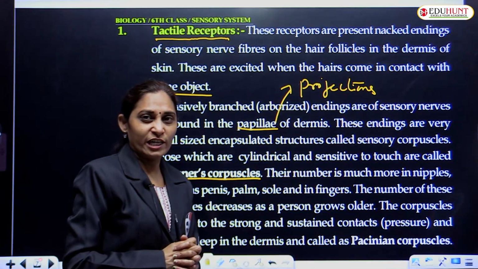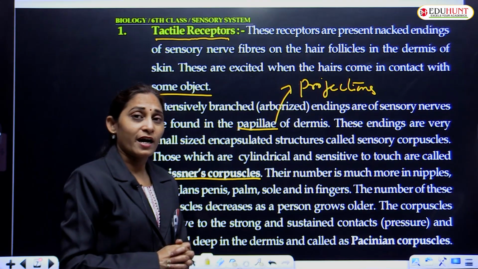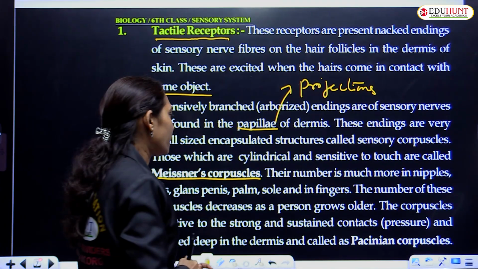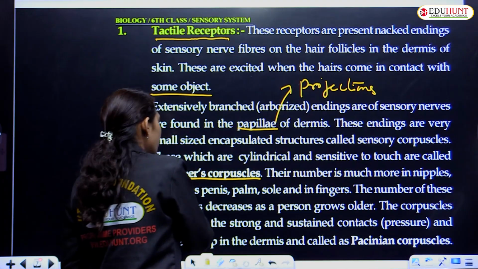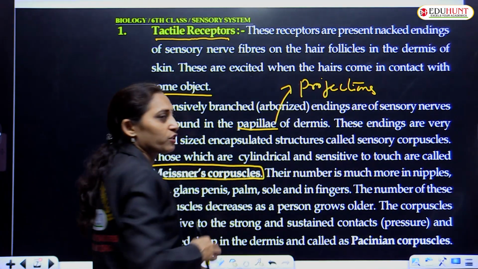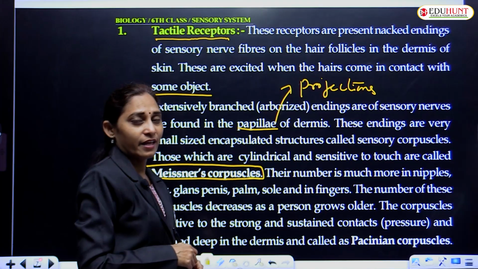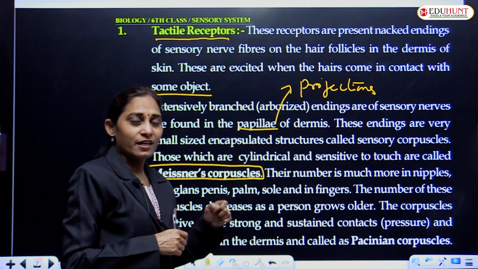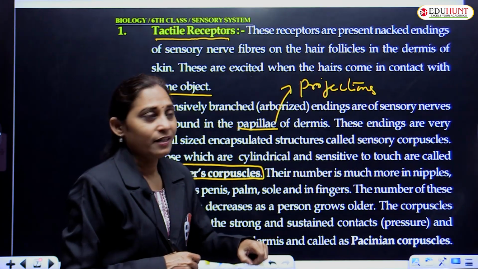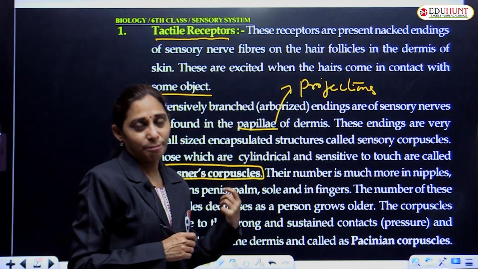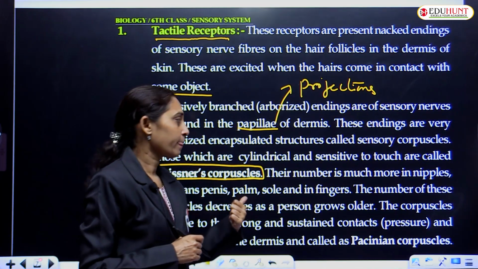They are cylindrical in nature and also they are sensitive to touch. Meissner's corpuscles present in the skin have sensory nerve endings and they have connection with the dermal papilla.